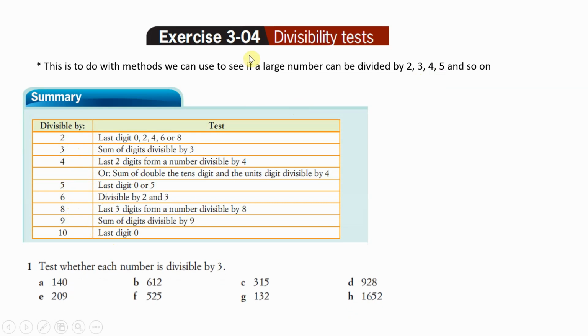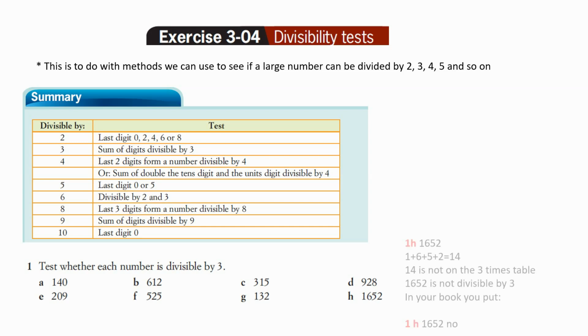Now, in exercise 304, question 1, it's asking to test each number to see if it is divisible by 3. According to our table, for any number to be divisible by 3, if we add up the digits, which is what sum means, and the sum of the digits is divisible by 3, then the number itself is divisible by 3.